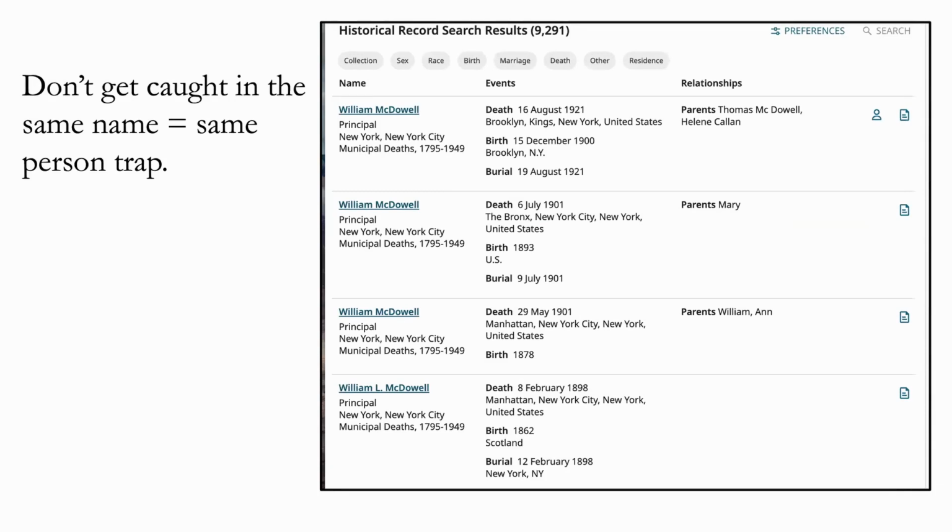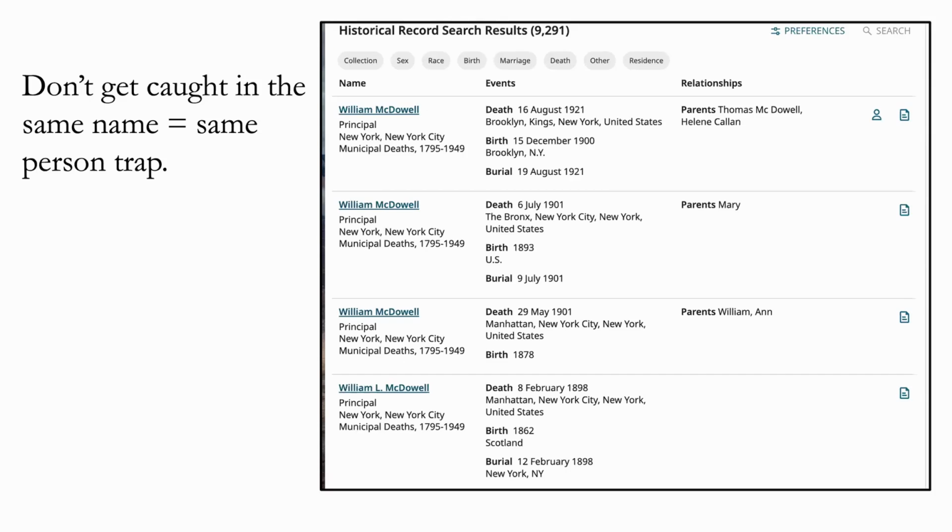This is a screenshot from looking up a name in FamilySearch, and the name does not appear to be as common as John Smith, but on the other hand, William McDowell turns out to be a very common name. How many of these people are the same person is difficult to determine.